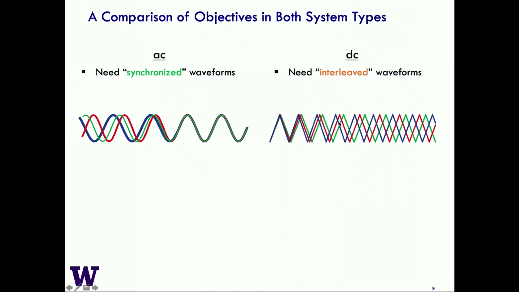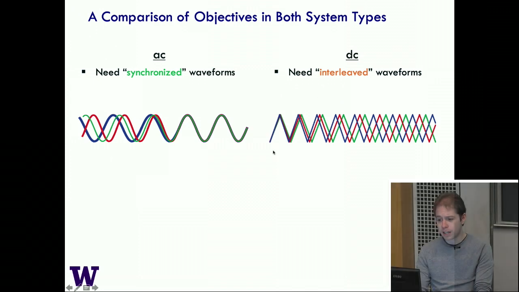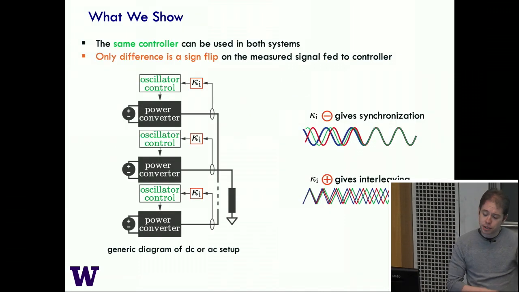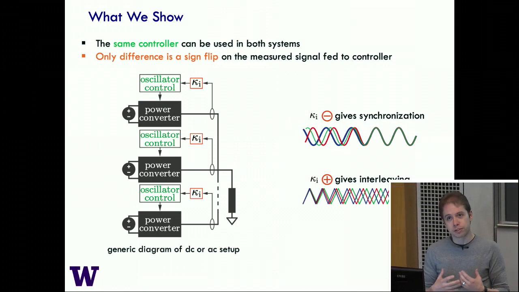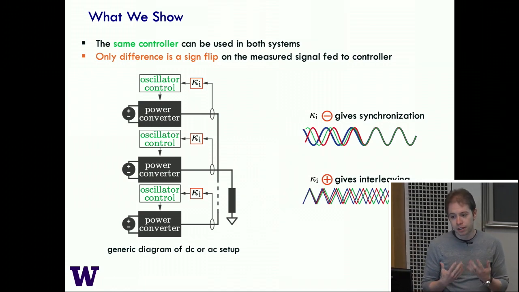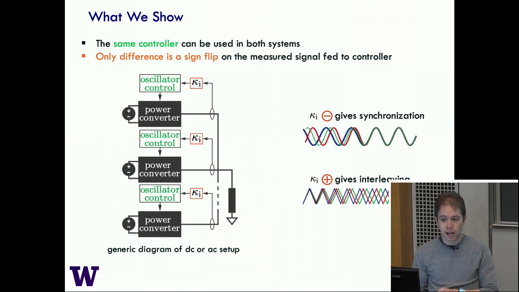So here we have this kind of opposite or dual nature of these two systems. And like I hinted at earlier, we're looking at these two problems in an independent way and realize that what's surprising is you can actually use the same controller. It's just recycled in a different way.